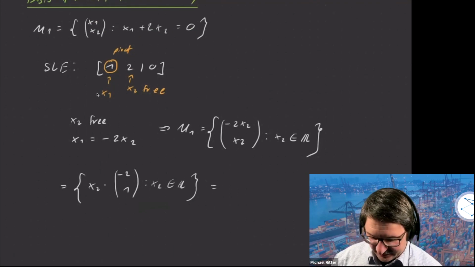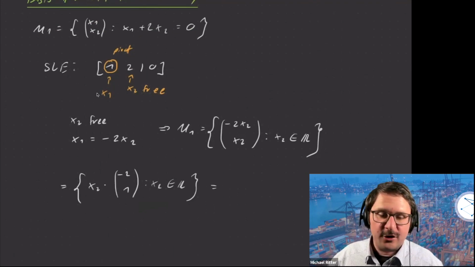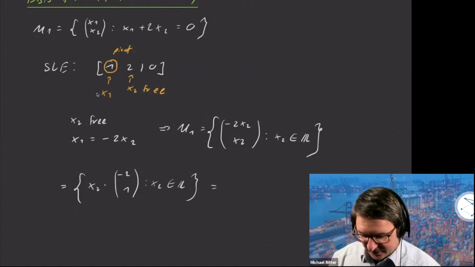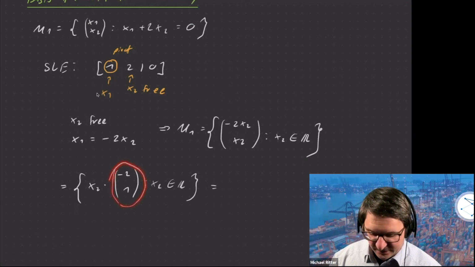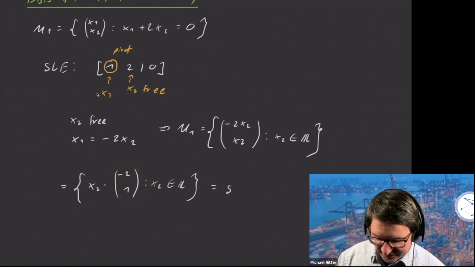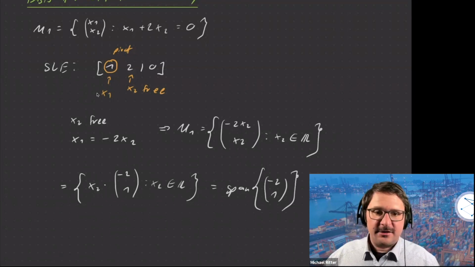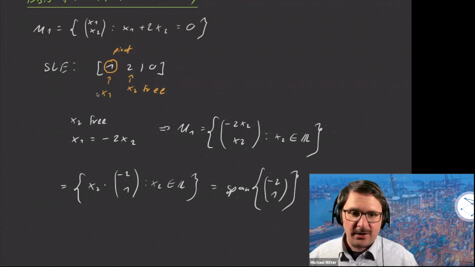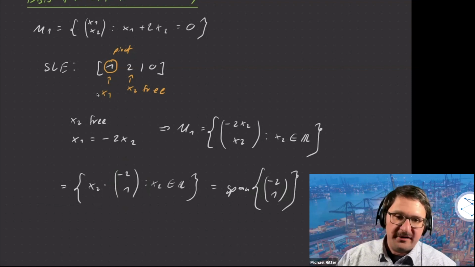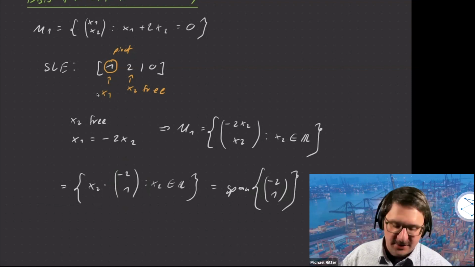That is just the set of all linear combinations of this one vector (minus 2, 1), so we could write this as the span of (minus 2, 1). So we have a vector that spans U1, and it's only one non-zero vector, so of course it's linearly independent.